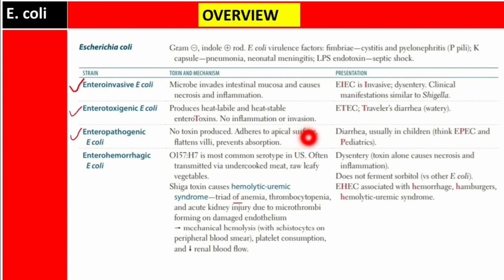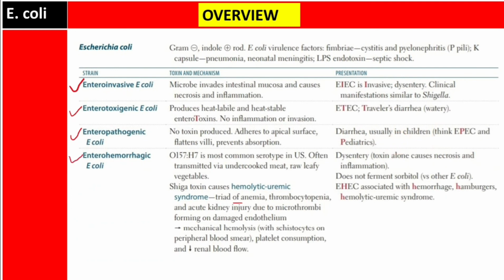So it presents usually as diarrhea in children. For enteropathogenic there is a P, EPEC, P for pediatrics. It's usually in children. I think this one is very easy: enteropathogenic, think pediatrics, children.